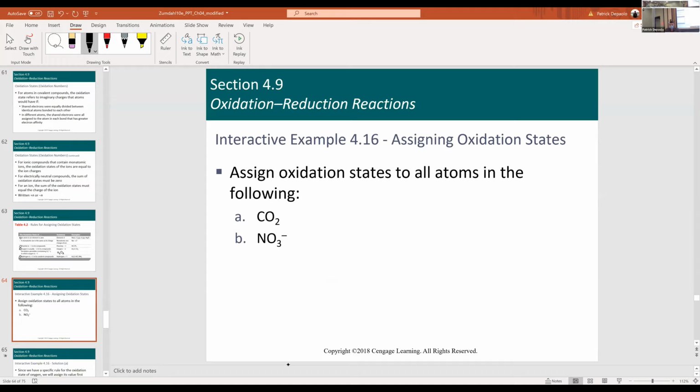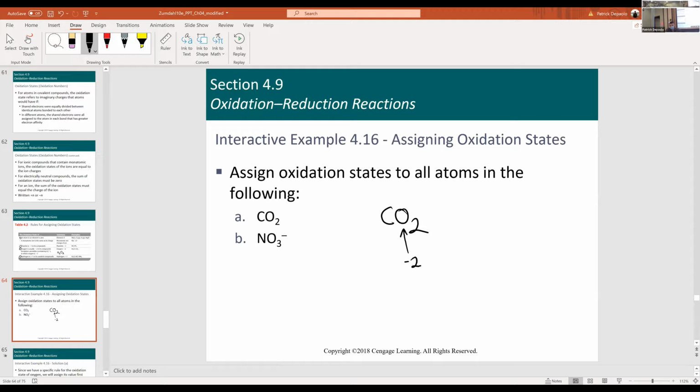Okay, so assign oxidation states to all the atoms in the following. Here's the way I do it in terms of notation. Let's do CO2. So I draw an arrow underneath it. What's the oxidation state of oxygen? Anybody remember? Good, -2.